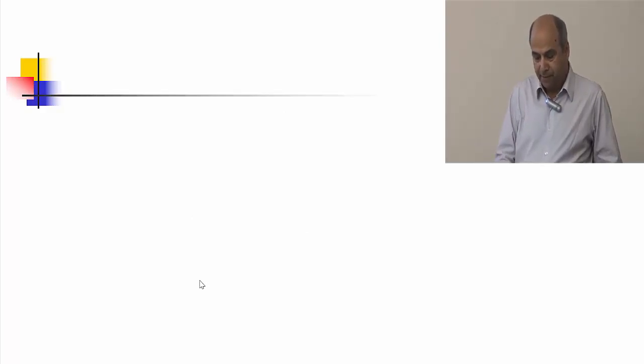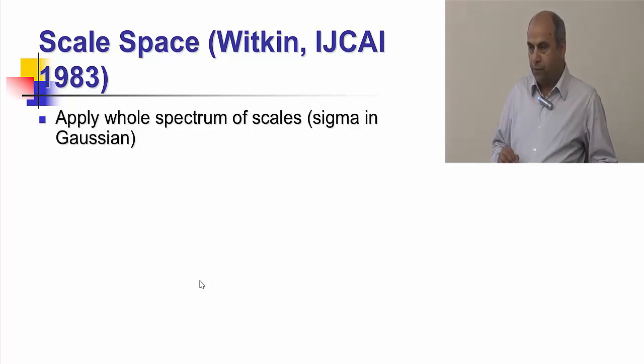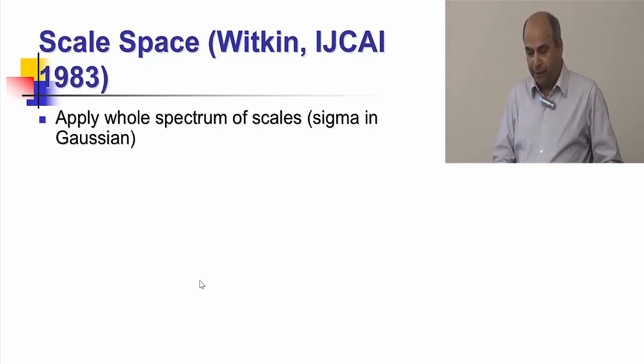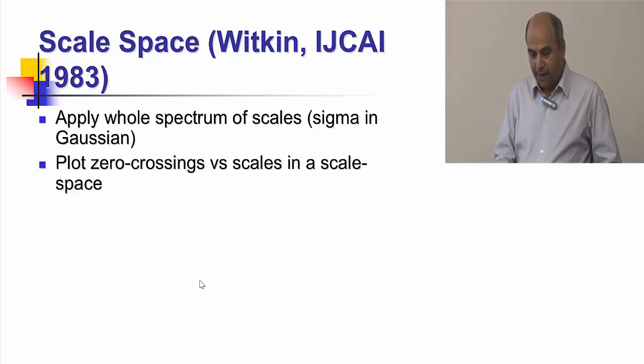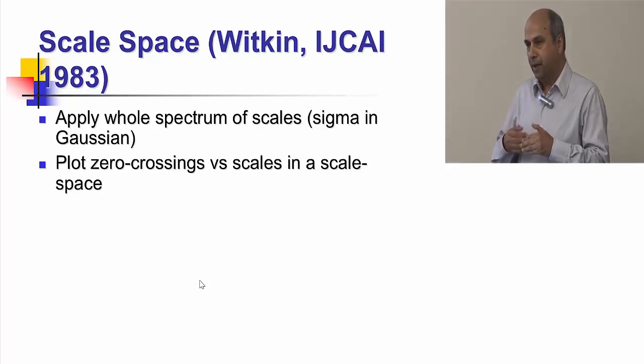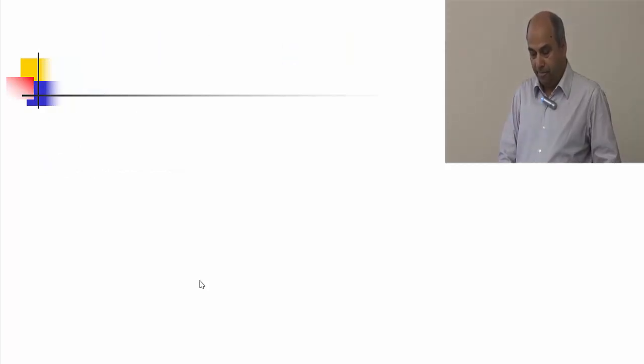The idea is very simple. You apply the Gaussian at multiple scales and get the zero crossings, which means you apply the Laplacian of Gaussian, or second derivative of Gaussian in one dimension, with multiple sigma values, and get the zero crossings, which are like your edges.